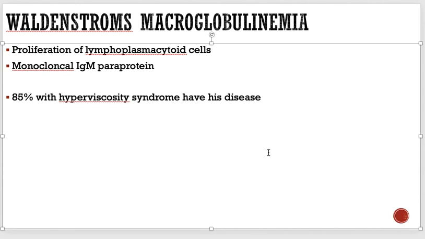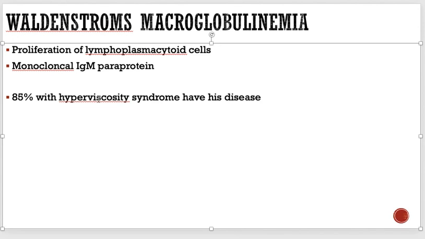They usually say that Waldenstrom's macroglobulinemia is a triad of anemia, hyperviscosity syndrome, and plasma volume expansion. Okay, so they have neurological symptoms as well, they have peripheral neuropathy symptoms as well, they have cerebral features as well, they have splenomegaly, hepatomegaly, lymphadenopathy, retinal lesions.